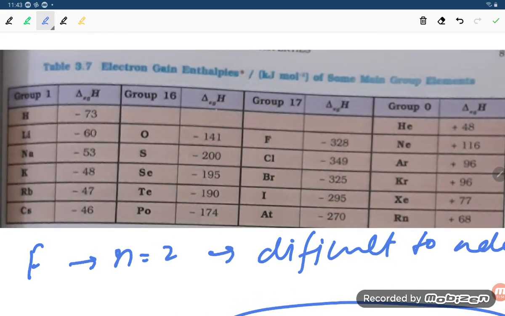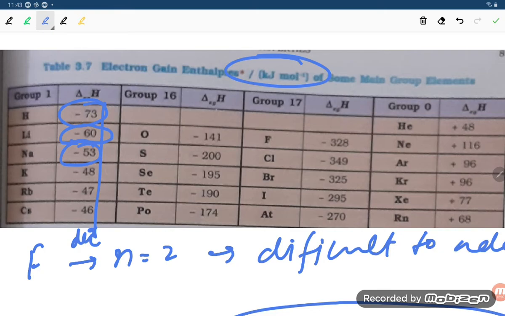Here you see, student, in the table the electron gain enthalpy is given in kilojoule per mole. Hydrogen is minus 73, lithium is minus 60, and sodium is minus 53. So here is the decreasing order.